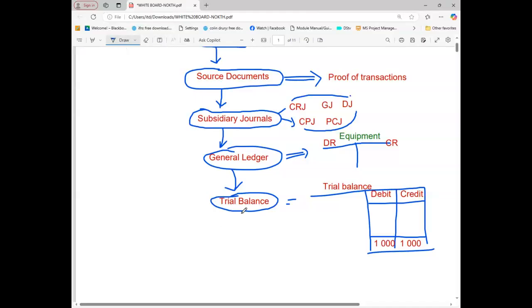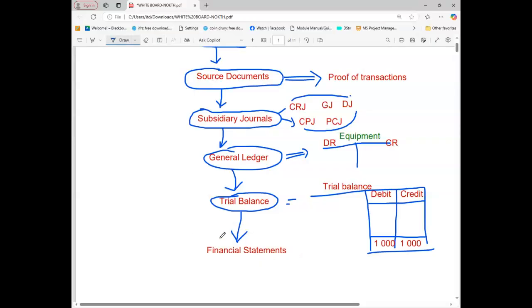Okay. Now, after doing that, we transfer everything to what we call financial statements. I think you know the financial statements.